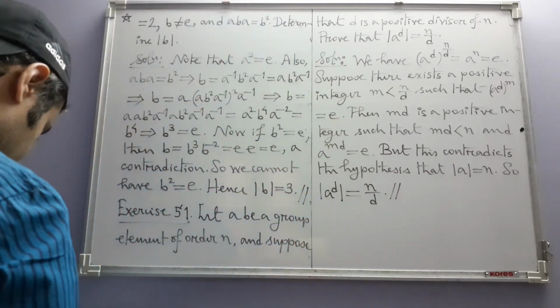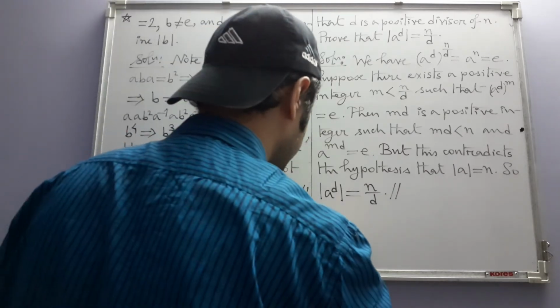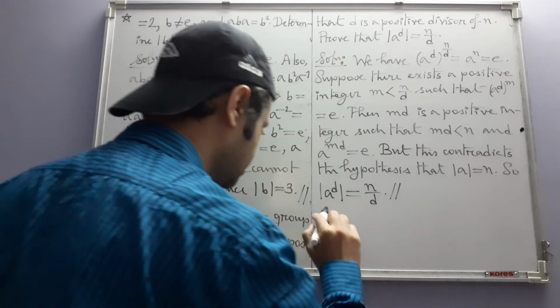Okay, so next 52, we now come to matrix groups.